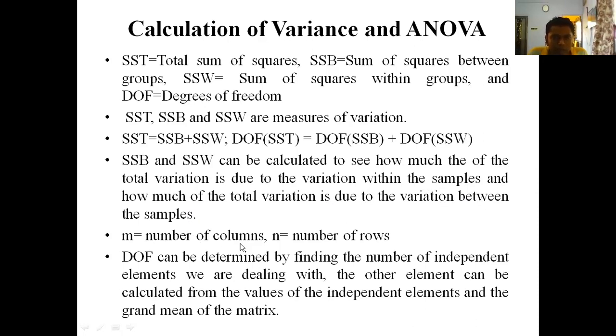M is equal to the number of columns and small n is equal to the number of rows. The degrees of freedom can be determined by finding the number of independent elements we are dealing with. The other element can be calculated from the values of the independent elements and the grand mean of the matrix. This part we will illustrate when we describe the example.